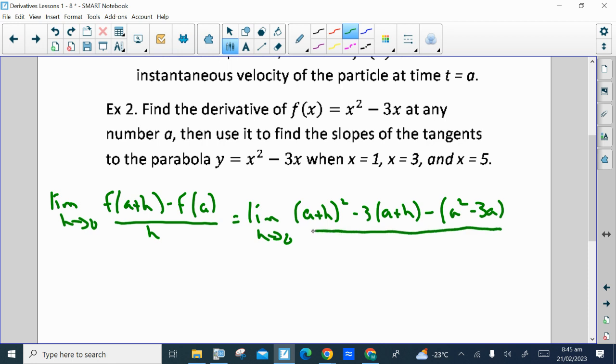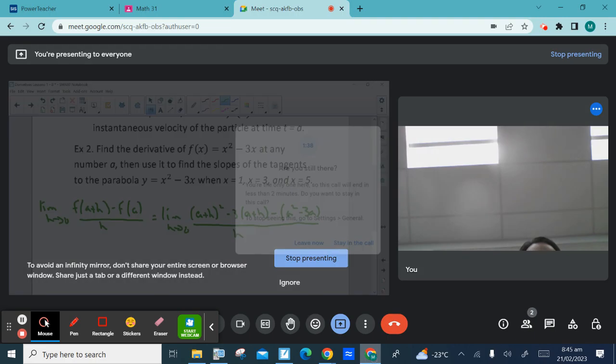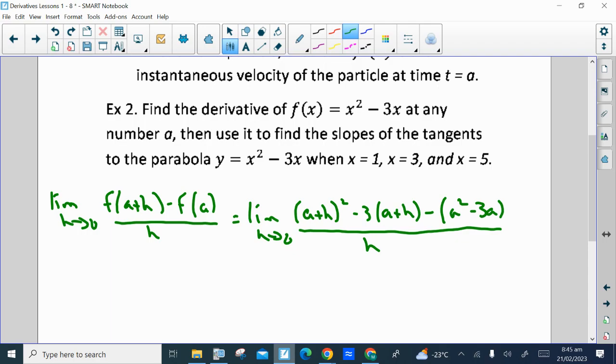We need to keep the same variable here. So this will be the limit as h approaches 0. If I square the a plus h, it'll be a squared plus 2ah plus h squared minus 3a minus 3h minus a squared plus 3a.